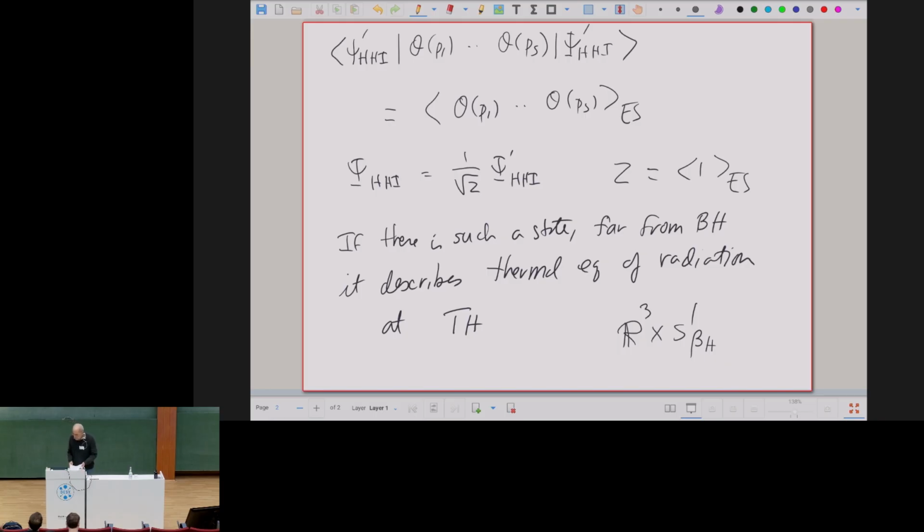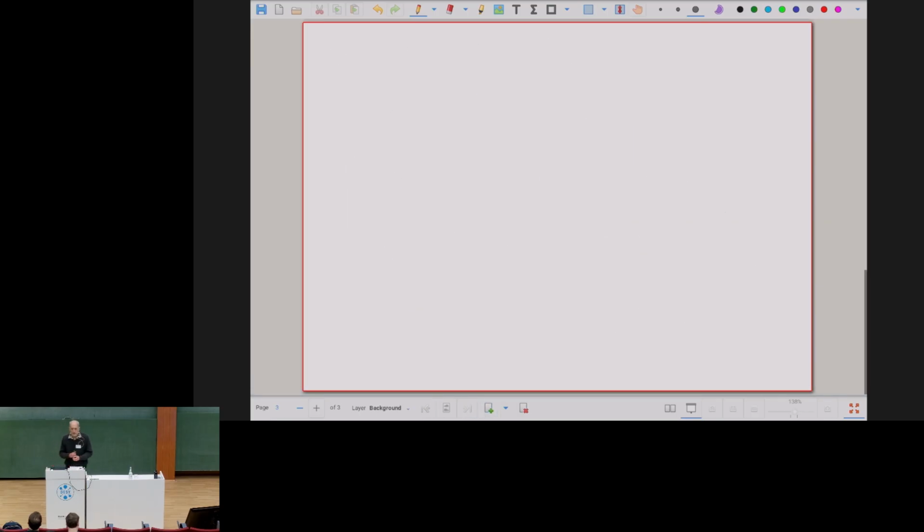Now, as before, we want to know that there is a state with these correlation functions. And the strategy to construct this state is the same as it was yesterday. Namely, we do a path integral on half of the space. The only slight subtlety is to explain what I mean by half of the space.